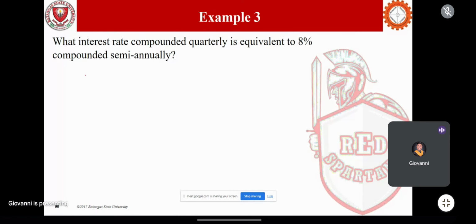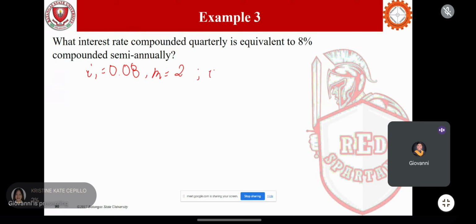Ang given natin, meron tayong interest 1 na 0.08. Then meron tayong m na 2. Then next, ang hinahanap is yung i2. Siya daw ay compounded quarterly. So meron tayong dalawang m, meron tayong dalawang i. Ang hinahanap natin ay isang i. Paano kaya natin makukuha?